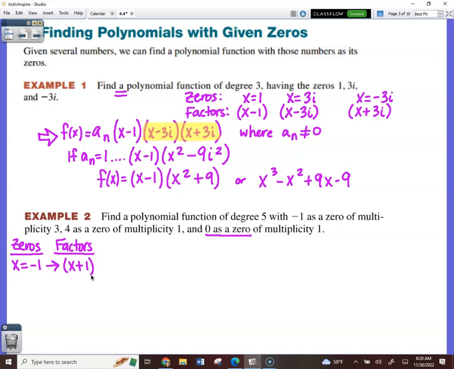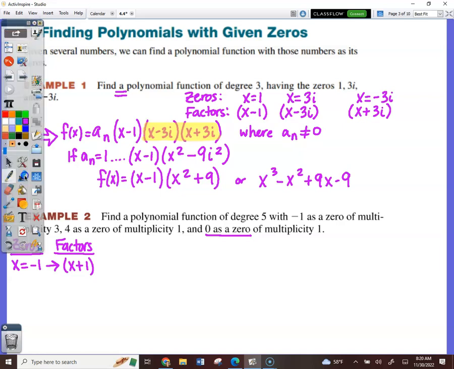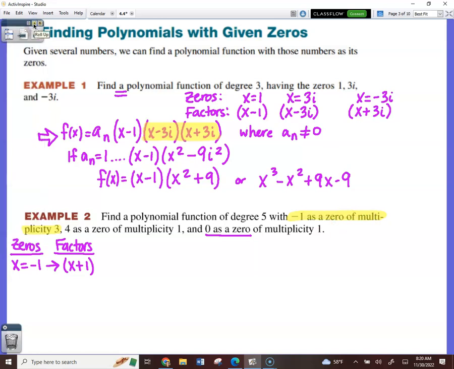Now, what did it also say, though, about that 0? Let me highlight it. Negative 1 has a multiplicity of 3. So how do I tweak this to show that it has a multiplicity of 3? You just put a little cube right there.